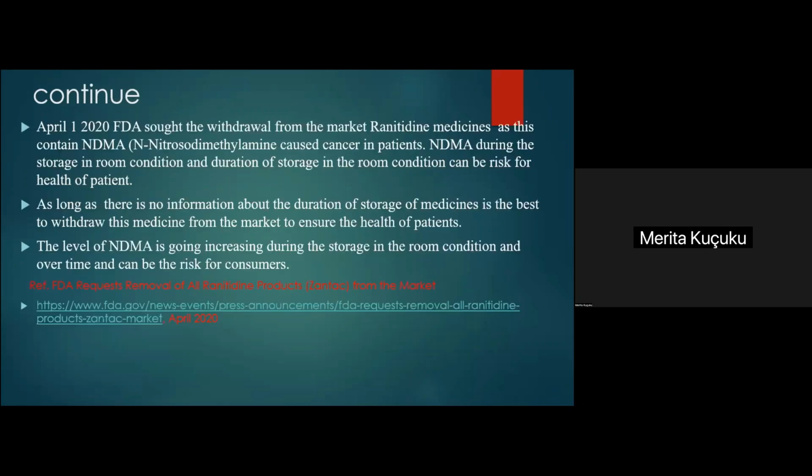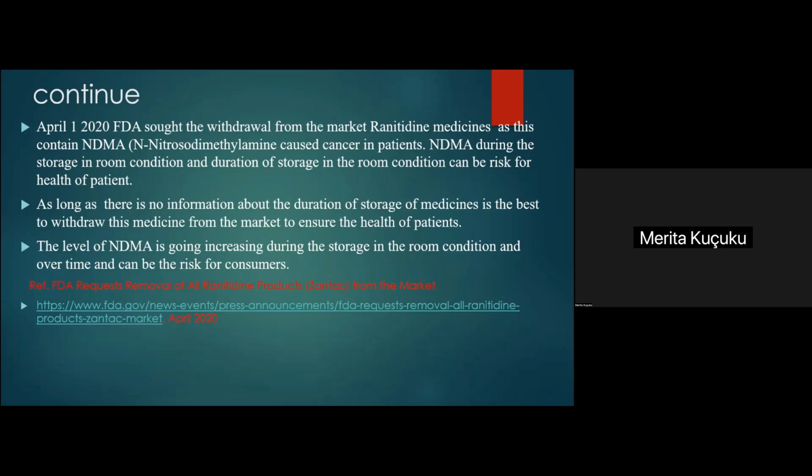Also, one other case: on April 1st, 2020, the Food and Drug Administration in the USA saw the withdrawal from the market of ranitidine medicines, as these contain nitrosodimethylamine, which causes cancer in patients. Nitrosodimethylamine during storage in room conditions, and the duration of storage in room conditions, can be a risk to the health of patients.